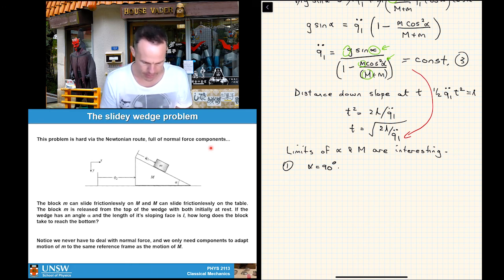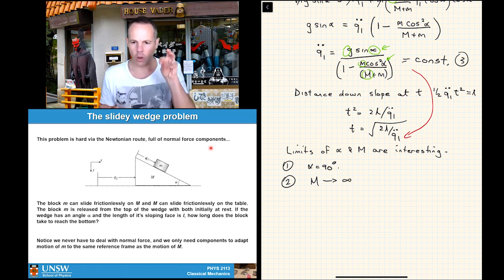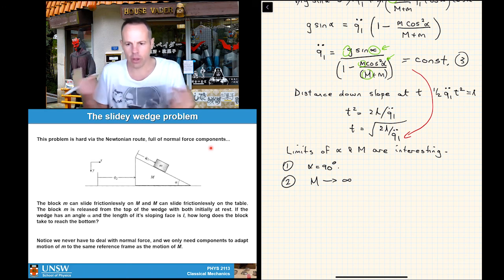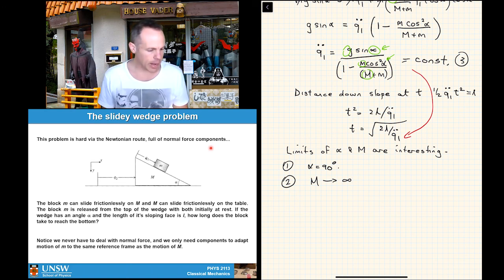The other interesting limit to consider is making the mass big M go to infinity. If that's the case, then that block big M should never move, right? Because you would require an infinite amount of energy to give it some kinetic energy.